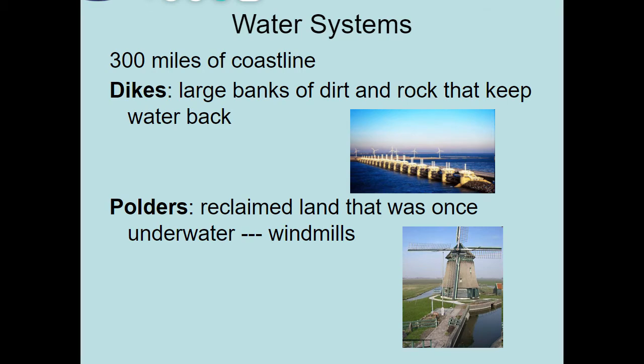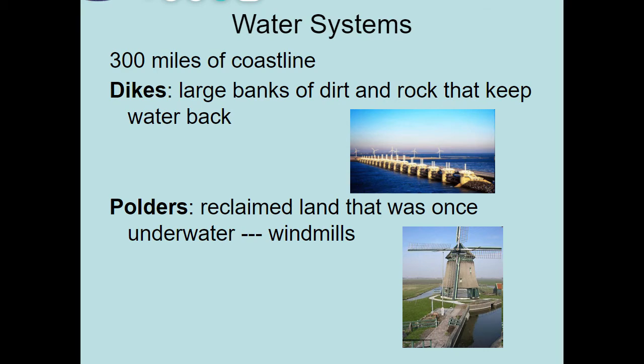And then what they've also done is they've built polders, and this is reclaimed land that was once underwater. So essentially they're building man-made islands, but these islands aren't a true island because they connect to the coastline. So they're extending their coast out into the ocean.